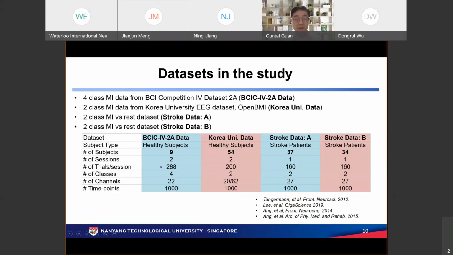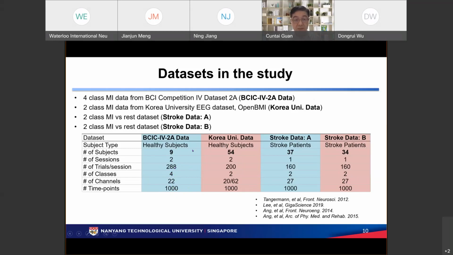Each session has 288 trials out of 4 classes. Okay, for each class, about 1/4 of this number. This comes from 22 channels, mostly around the motor area, with a total of 4 seconds, all downsampled or aligned to a 250 Hz sampling rate. So 1,000 samples means 4 seconds of data.